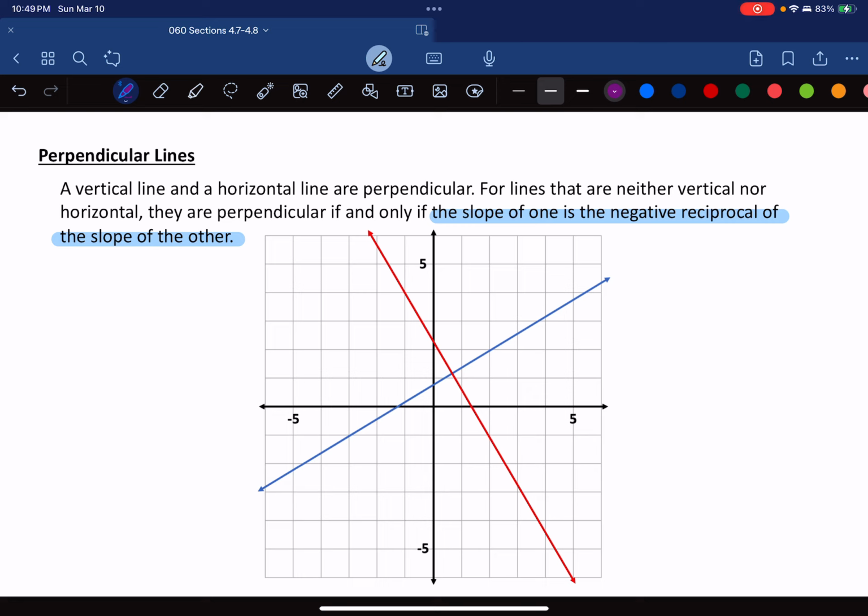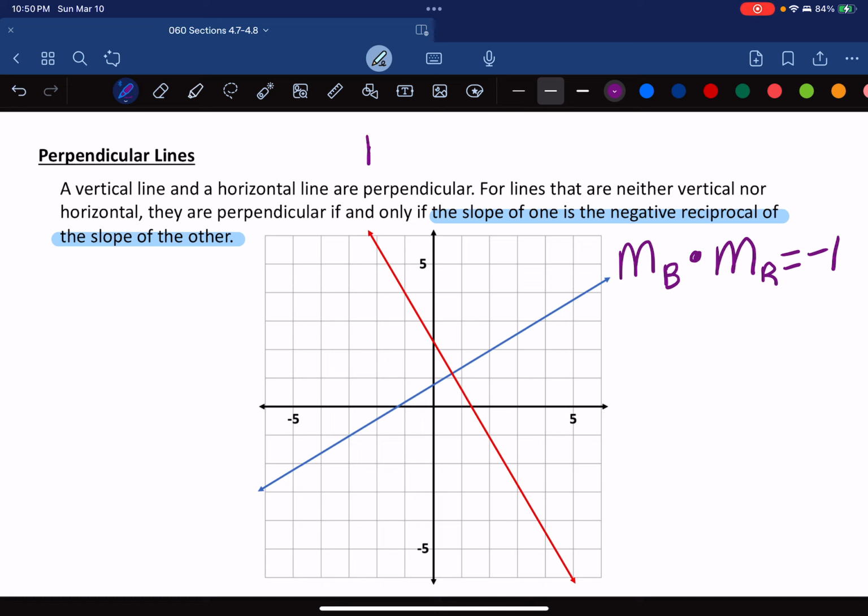Well, what that means is that the slope of one line, say our blue line in this case, I'll put B for blue, when I multiply the slope of our blue line times the slope of our red line, in this case R, we should get -1.